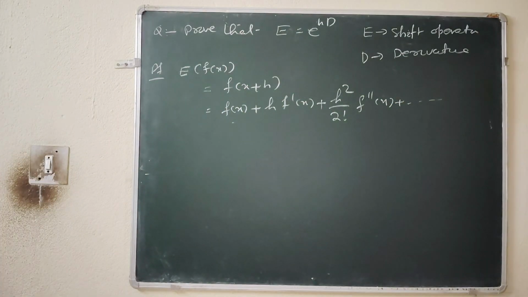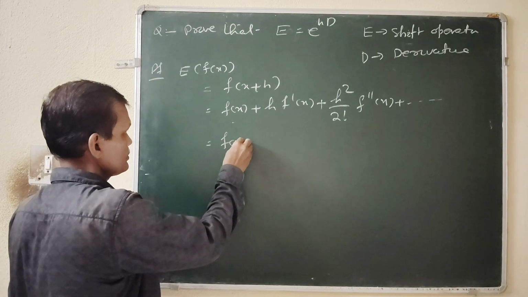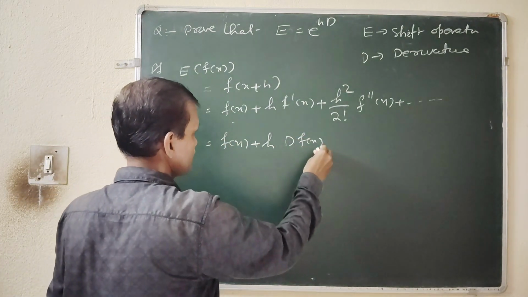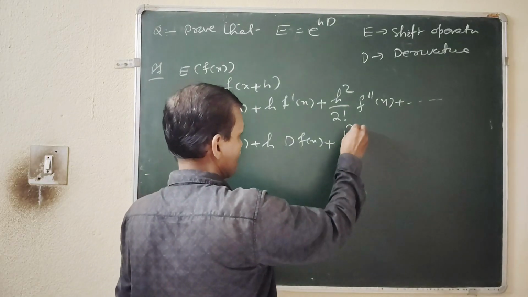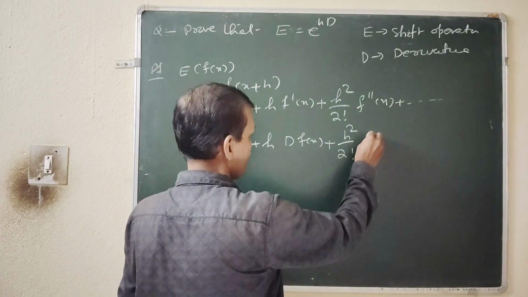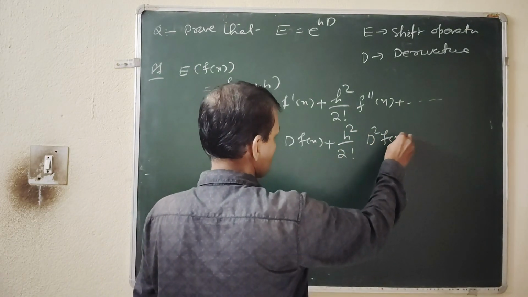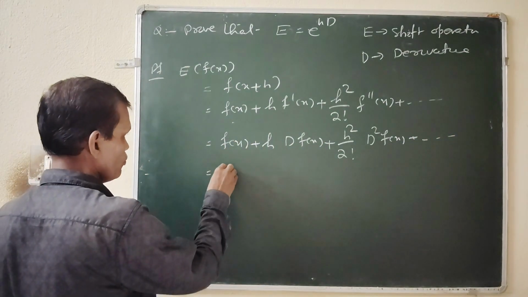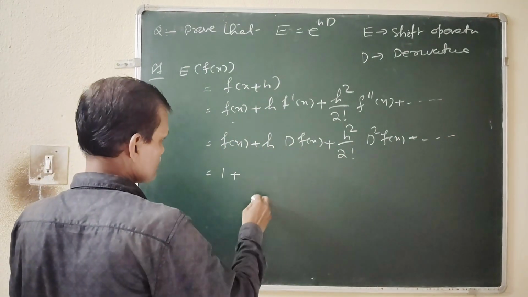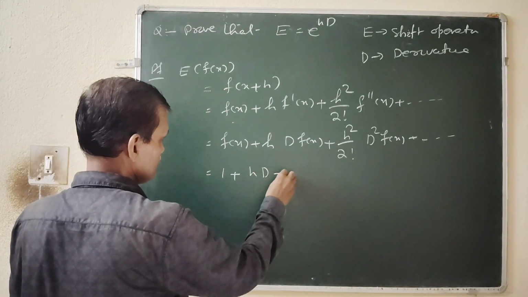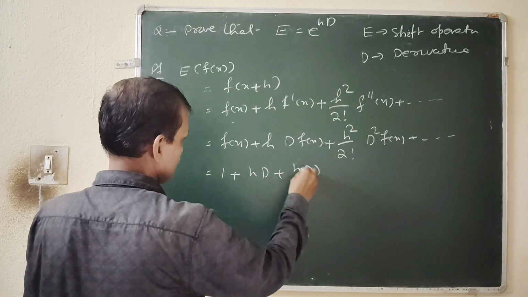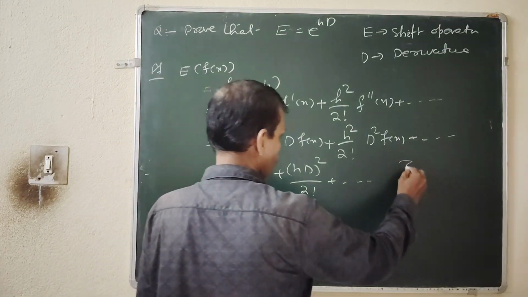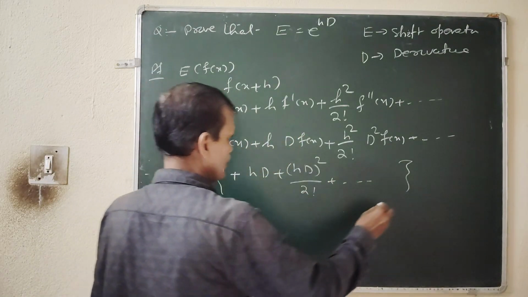We can write it as f(x) plus h D of f(x) plus h square by 2 factorial D square f(x) and so on. Taking f(x) common, here it is (1 plus hD plus (hD) square by 2 factorial and so on) whole into f(x).